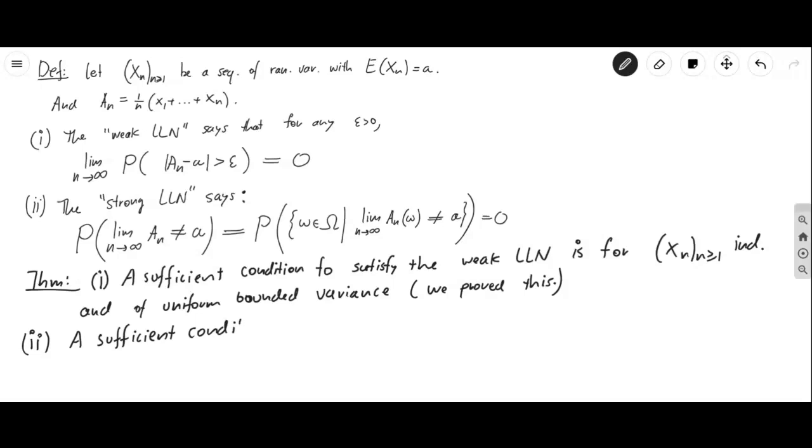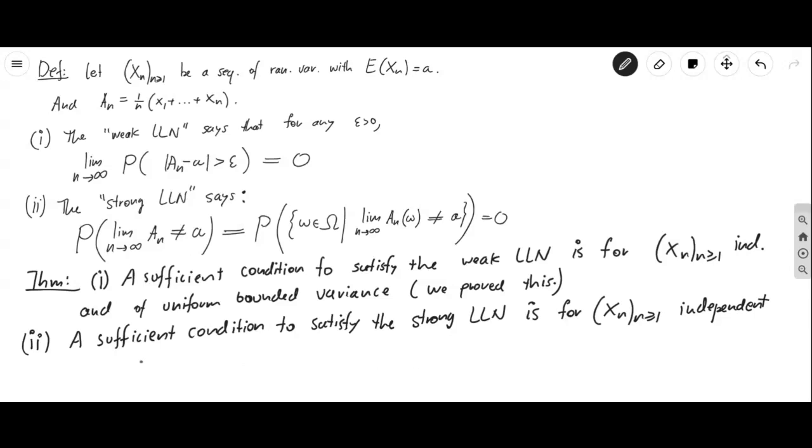Now for part 2, this is going to be a sufficient condition to satisfy the strong law of large numbers: for the sequence to be independent. So it's an independent collection of random variables. And the interesting part here, as you will see, is that we're not going to assume anything about the variance whatsoever.